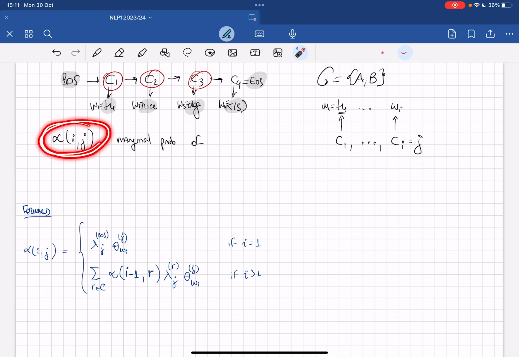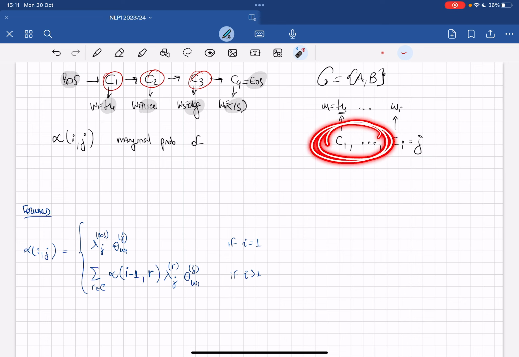This quantity alpha ij is the marginal probability of all sequences that end with the assignment Ci equals j. That is, making a choice for the ith position, and that choice being the jth tag in the tag set.